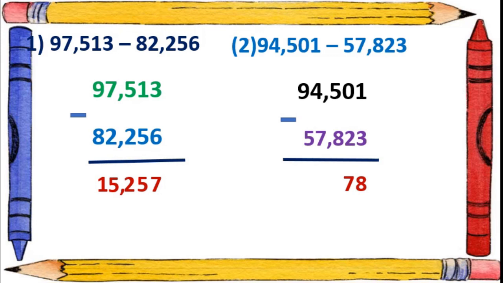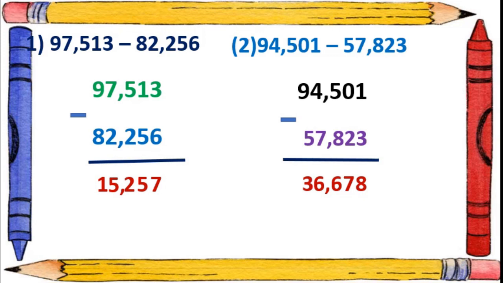Okay, so 14 minus 8 is equal to 6. Now here what remained? 3 remained. 3 means again we will take 13, isn't it? 13 minus 7 is equal to 6. Now in 10,000's place what remained? 8, isn't it? 8 minus 5 is equal to 3.